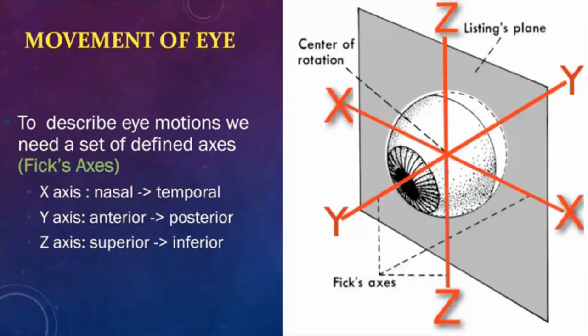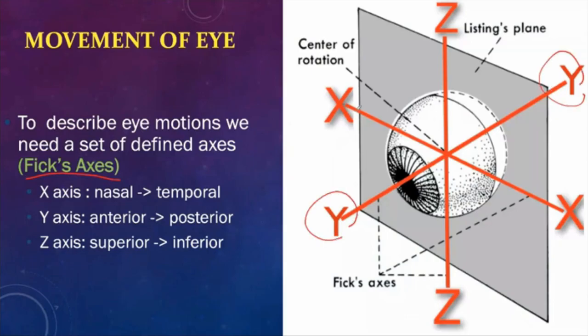We mentioned something about the center of rotation while we were discussing the anatomy of the extraocular muscles. So we said that the movements of the eye are based on three principles or three planes or three axes. They are called the fixed axes. The fixed axes are three axes, one anteroposterior, called the y-axis.